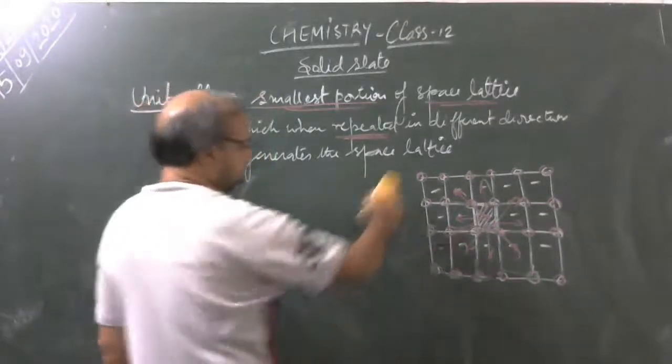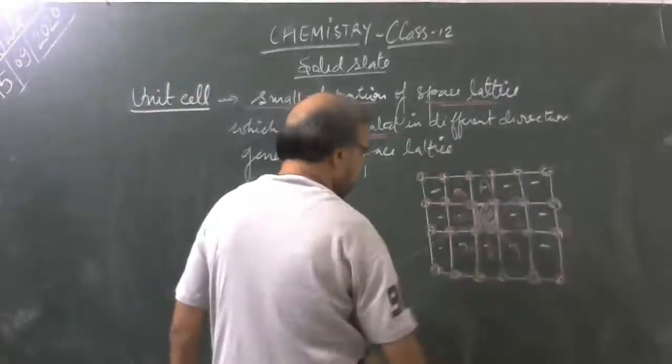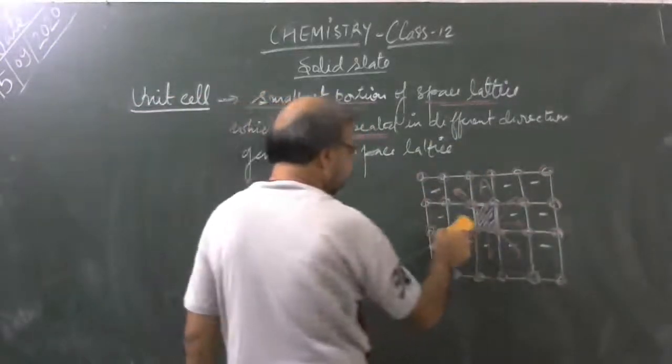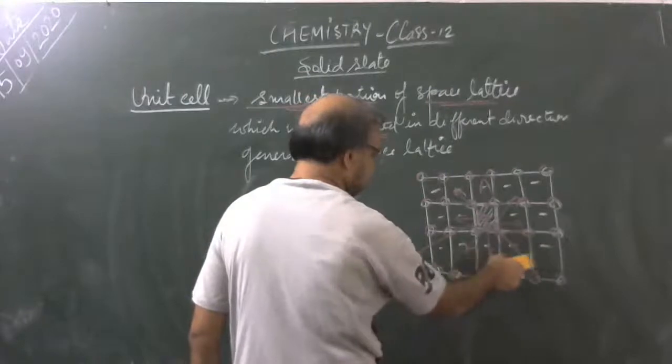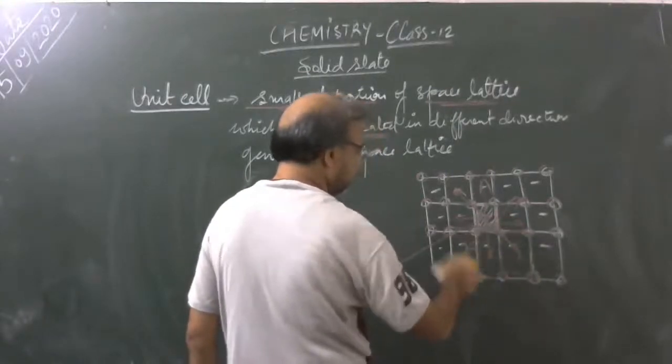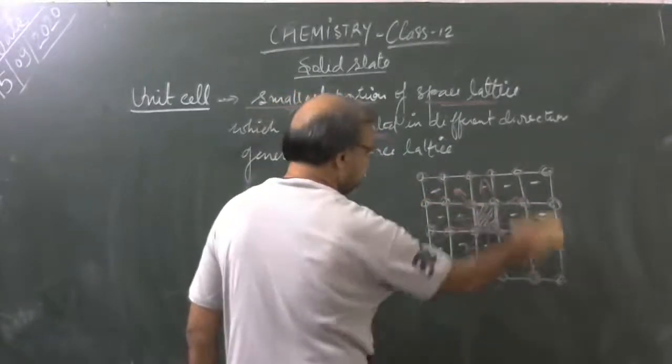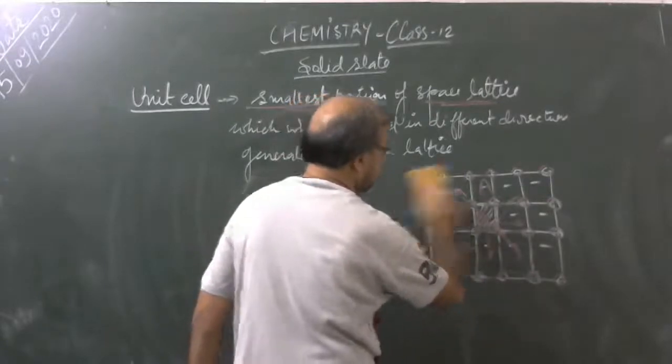So this whole is a space lattice of the crystal, and these are the different unit cells. These unit cells repeated in different directions give rise to the shape of space lattice.